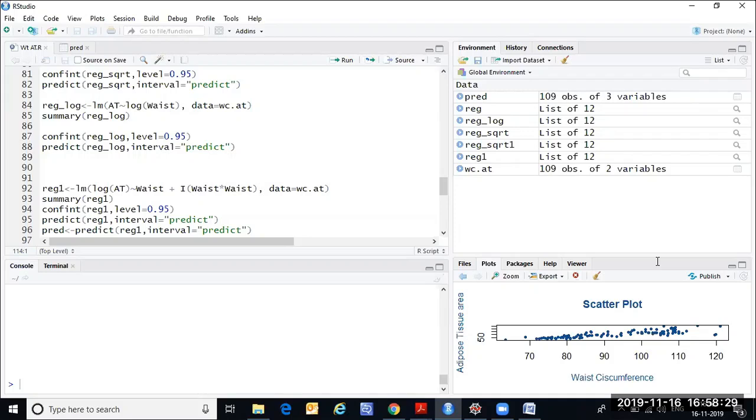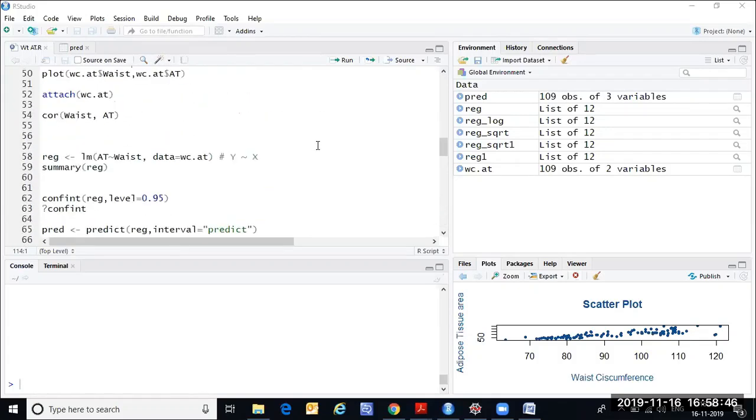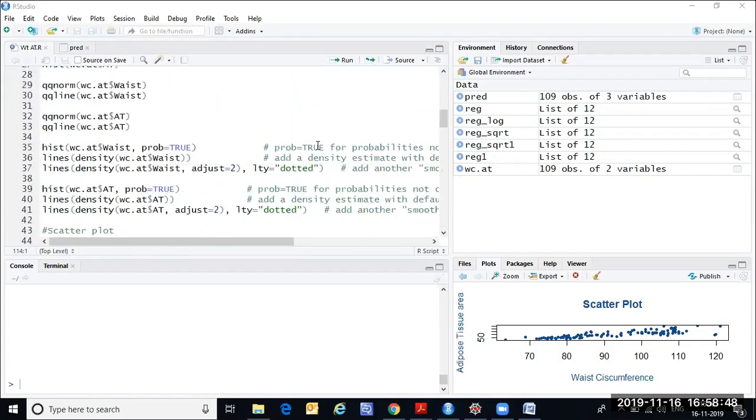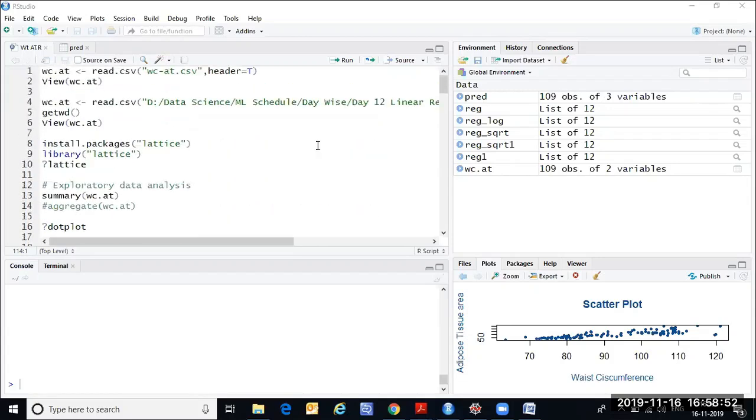You can take that type of transformation into consideration for performing the experiment. Okay. Am I clear, friends? Any more questions? Okay, fine.